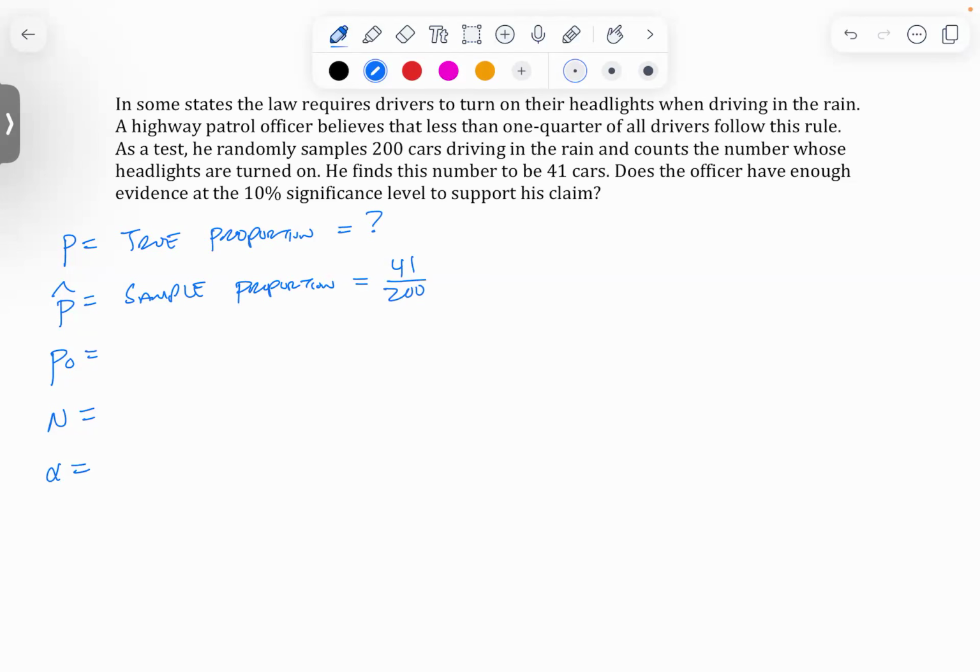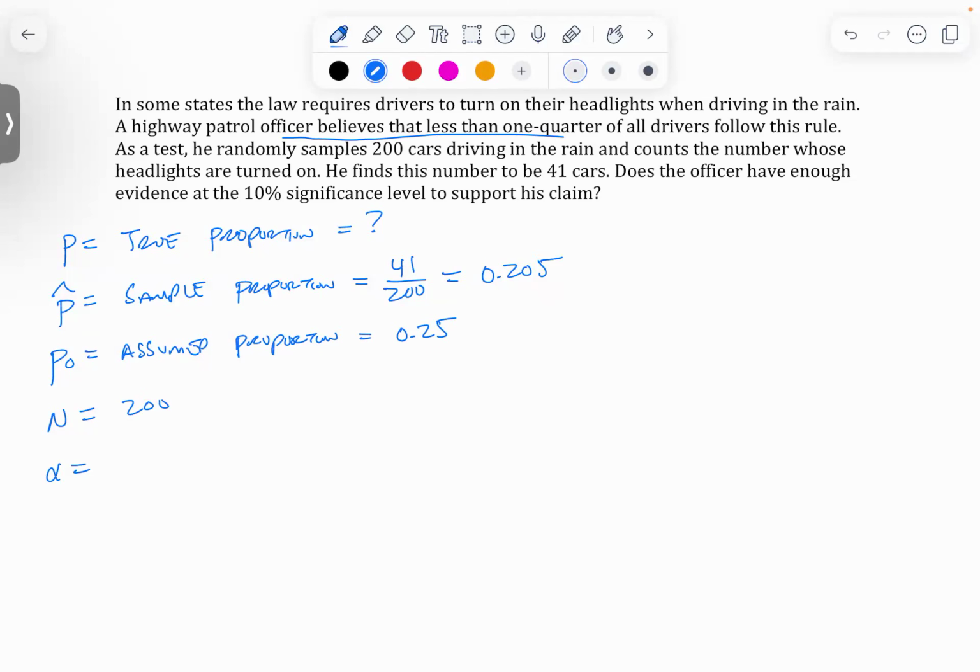The sample proportion, by definition, comes out of the sample. The assumed proportion, notice, this is a claim, a belief, a hypothesized value. The officer believes 1/4. 1/4 is 25%. And the sample size, 200.